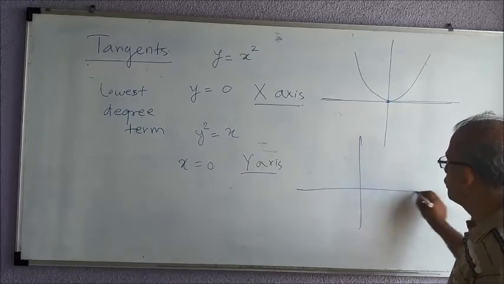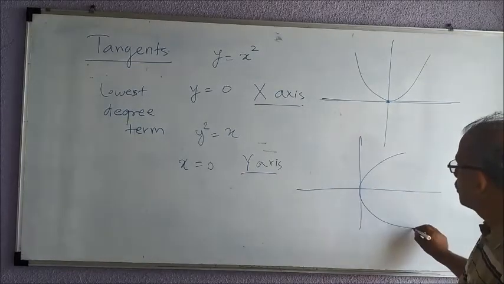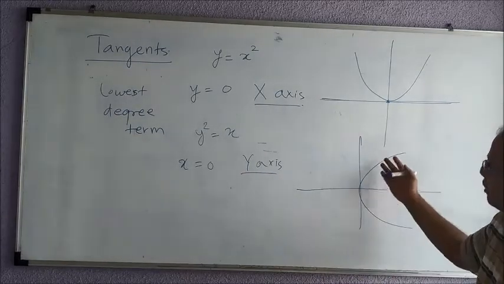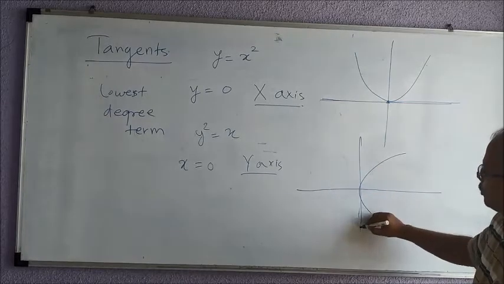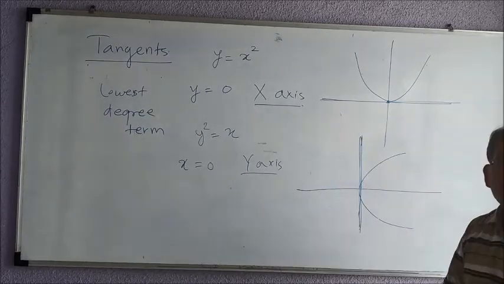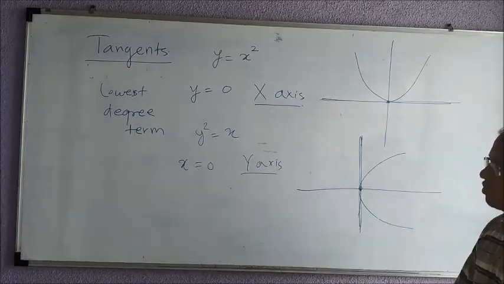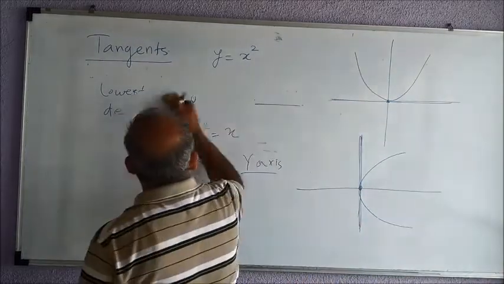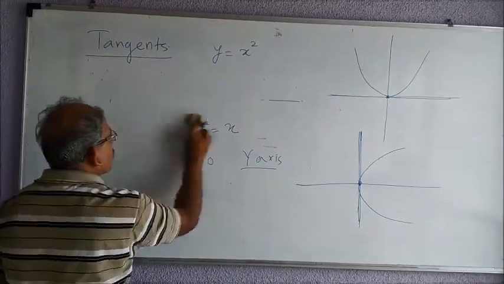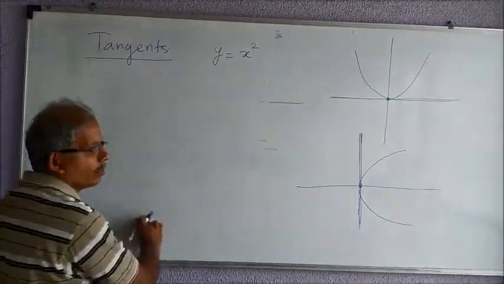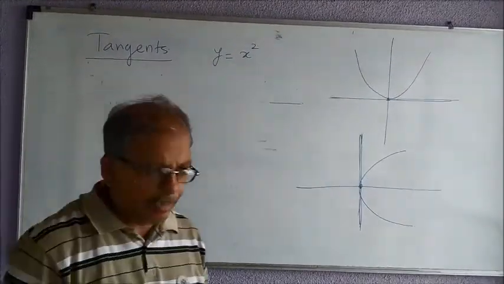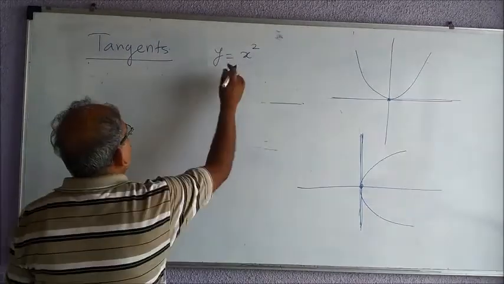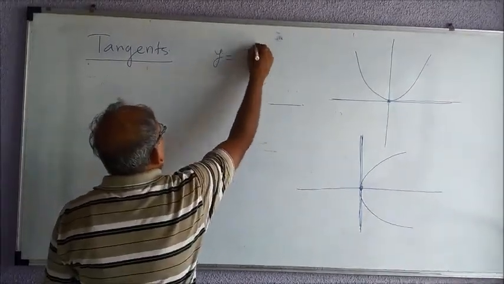So this curve is like this one, y square equal to x. See, this is the tangent at origin. Now let us take another example. Let me take the example of y equal to x cube.